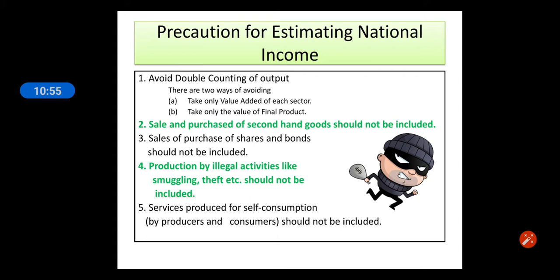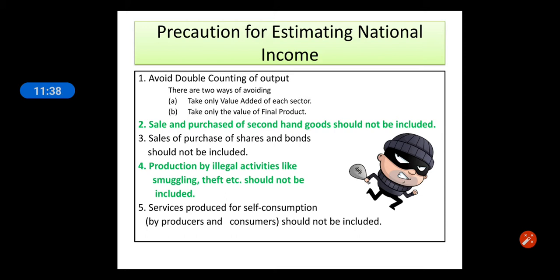Third, sales and purchase of shares and bonds should not be included because it's only a financial transaction, which does not correspond to the flow of goods and services. Number four, production by illegal activities like smuggling, theft, etc. should not be included. All illegal activities are excluded from national income.